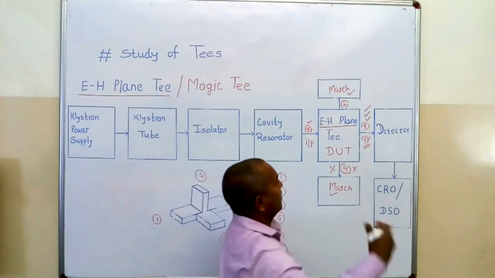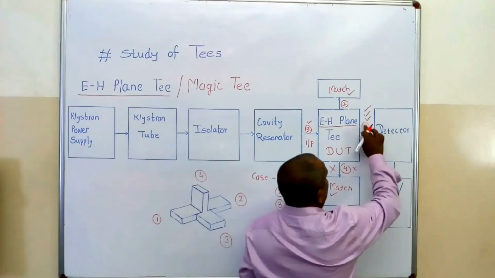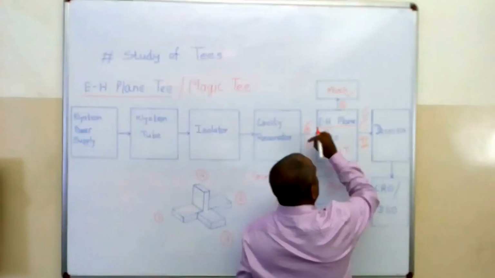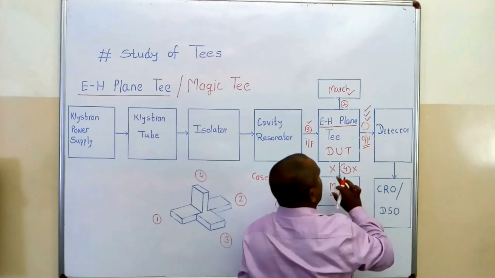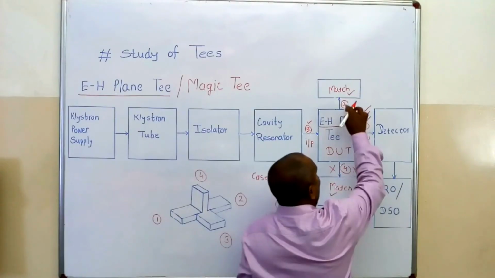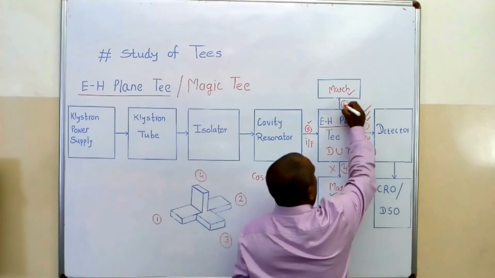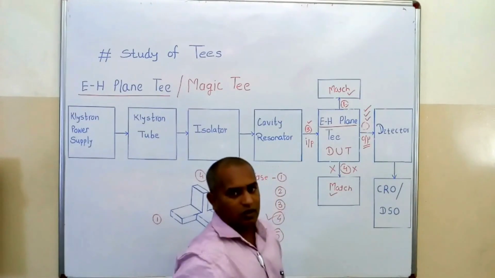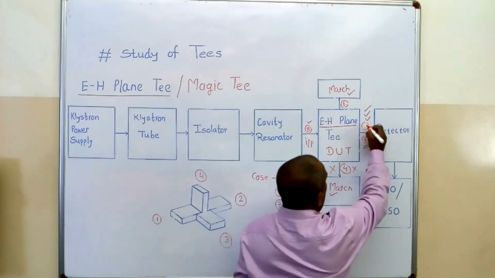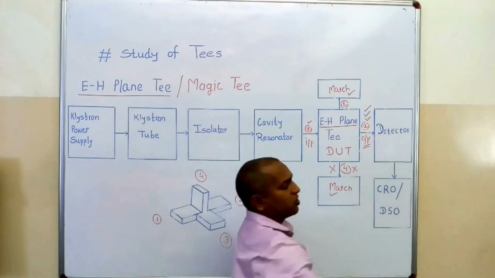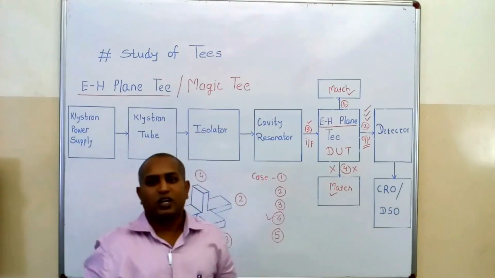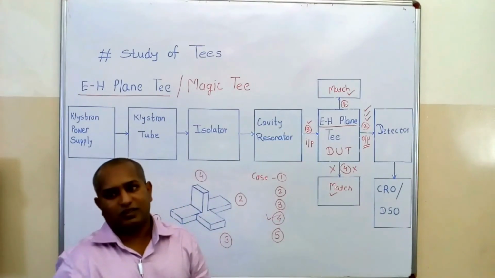Reverse means what? Apply the input to port 3 as it is. Keep port 4 and port 1 at a match position and measure the output across port number 2. Definitely you will get it.